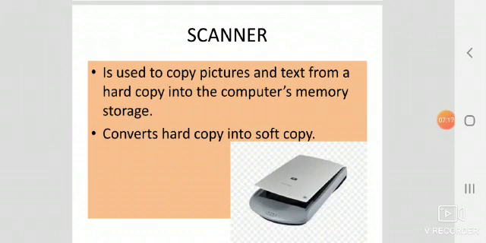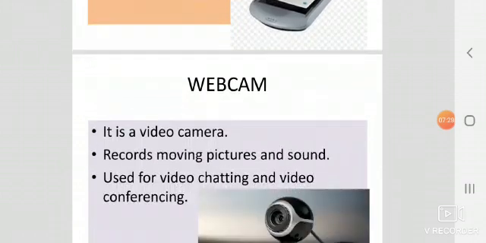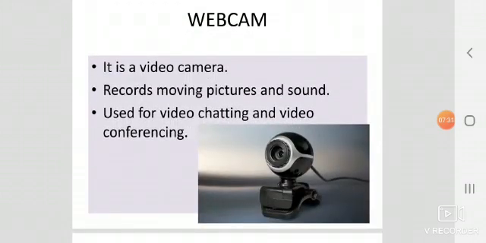It copies pictures and text from a hard copy into the computer's memory. That is, it converts a hard copy into a soft copy. This is webcam. It is a video camera. It is used for recording moving pictures or sounds, and it is used for video chatting and video conferencing.